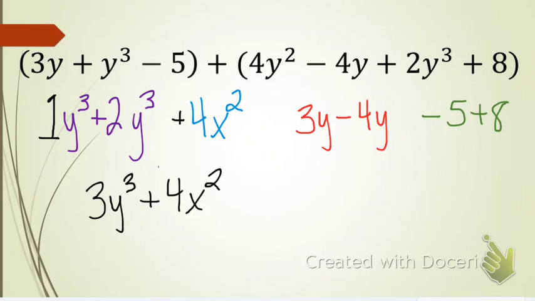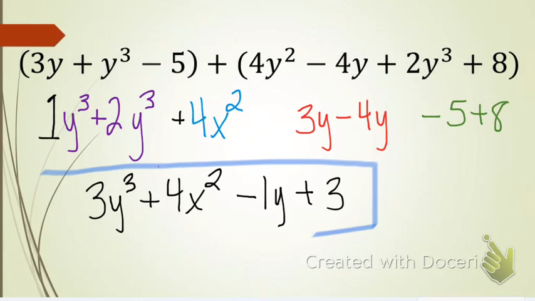I will not be adding it to anything else because I did not have another term that also had the x squared. So that one was kind of a loner. Next, I have my y's to the power of 1. I subtract the coefficients. 3 minus 4 will give me a -1, and they have the y in common. And lastly, -5 plus 8, that gives me a +3. So now I have simplified everything, gotten my answer, and as you can see, it is written in descending order with the highest degree of 3.